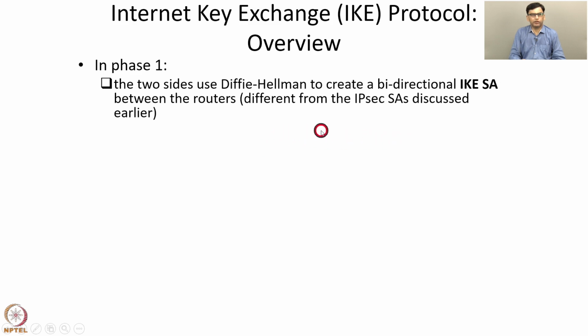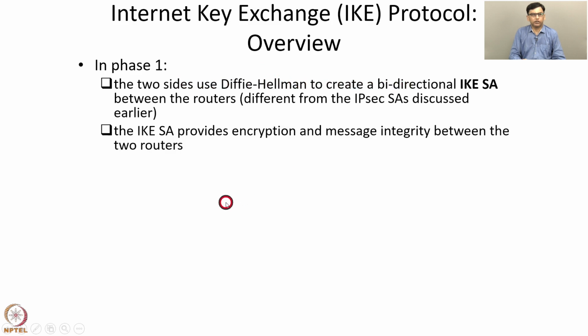Recall that IPsec security associations are unidirectional. In contrast, this IKE security association is bidirectional, and it is different from the SAs that are created as part of IPsec. So in phase 1, first a bidirectional IKE security association is created between the routers. This IKE security association provides encryption and message integrity between the two routers.